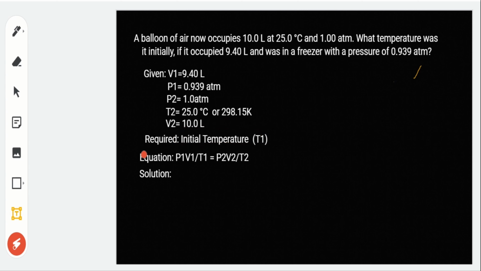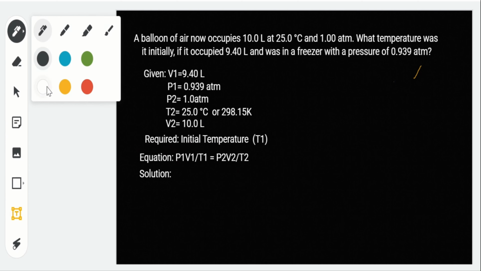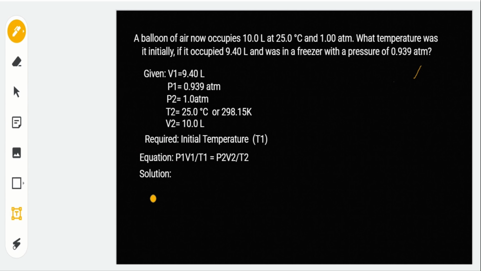Okay, so we will assume that the amount of gas is constant or fixed. So we will be using the combined gas law equation here. Since we're looking for the initial temperature of the gas, we will derive the equation. So let's have P sub 1 times the initial volume over the initial temperature, which is equal to the final pressure times the final volume over the final temperature.